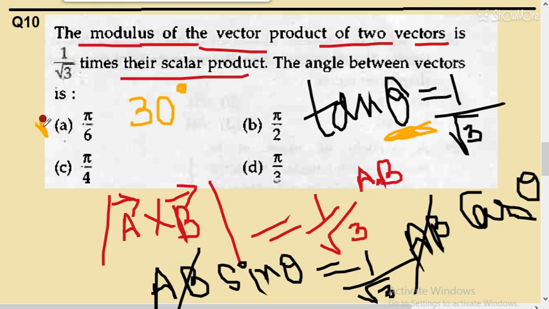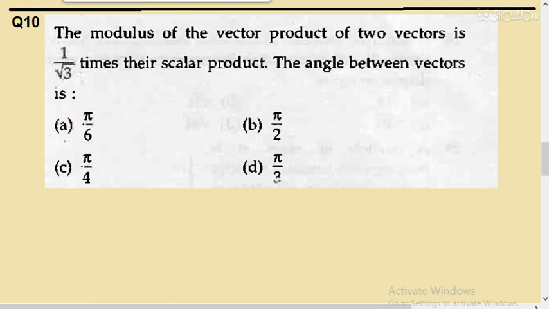So pi by 6 will be the right answer for the given question. So option number A is the right answer for question number 10. You can note down the solution. If you have any doubts, you can ask me on my personal number or you can comment here.